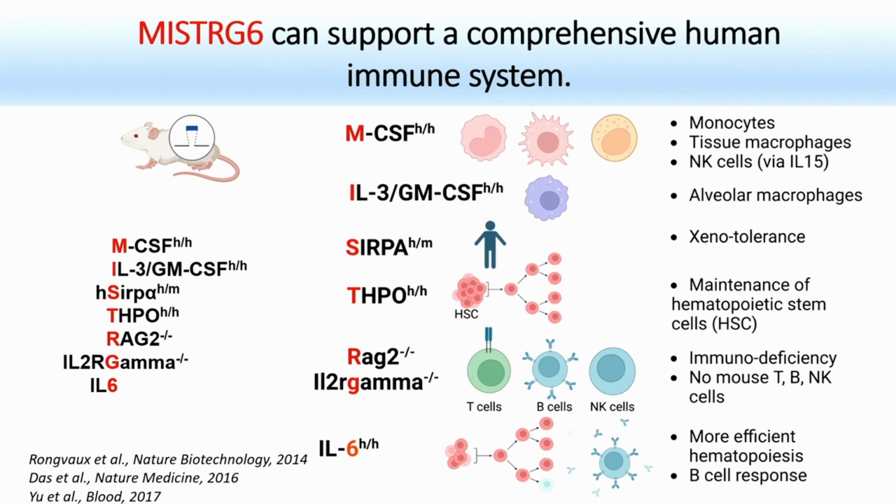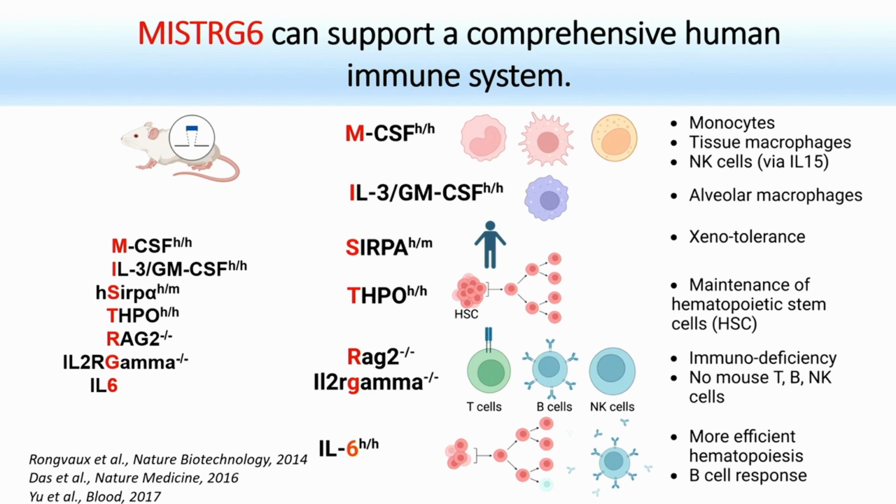Those macrophages are the cells that clear up debris. They're the cells that are always in the gut epithelium, and they are critical cells. So we just took the gene for human MCSF, we engineered it, so we put it into the mouse, and we threw out the mouse gene. You only have to do that once, because then you just breed the mice. And we did it with all of those genes.